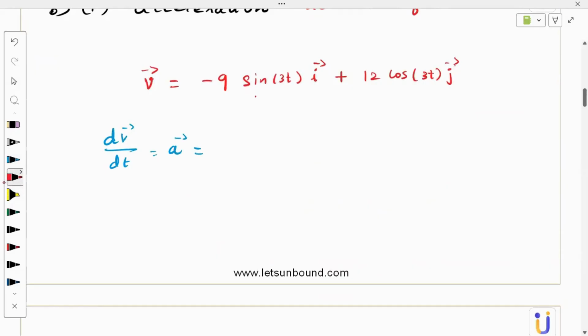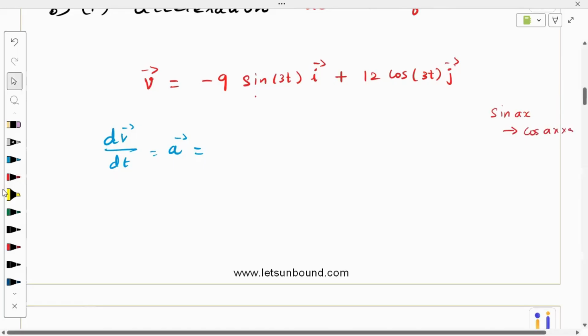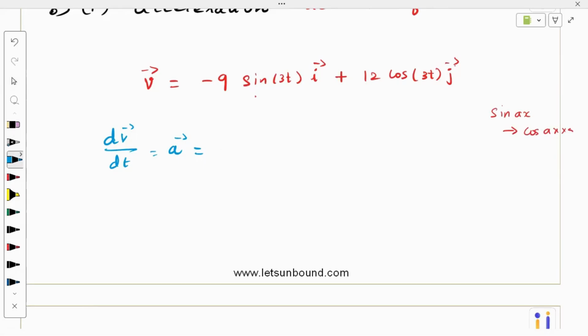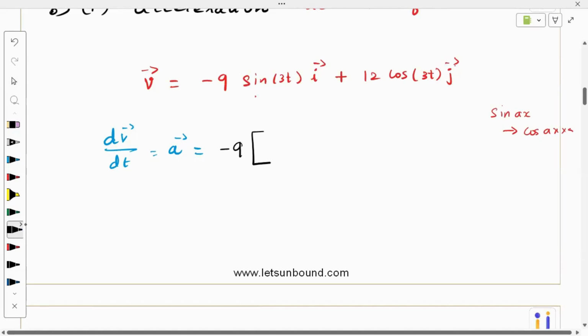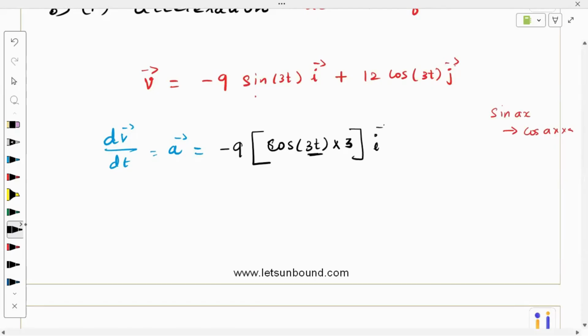So dv by dt will give you the acceleration vector. It's the same formula. Sine ax, if you differentiate, goes to cos ax times a. Here instead of a, I have 3, and instead of x, I have t. So minus 9 you keep as it is, sine 3t differentiates to cos 3t times 3, that's the i vector.